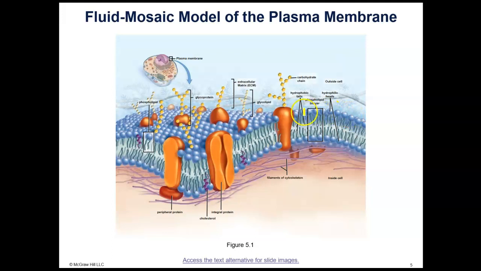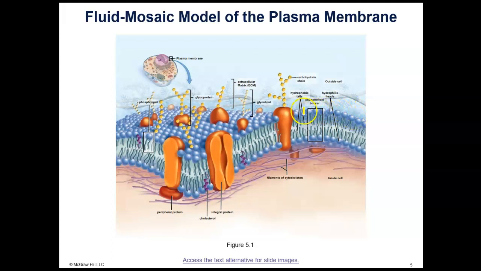The hydrophilic heads are actually the phosphate part of the phospholipid. The hydrophilic heads contain a phosphate group and a glycerol. The tails are fatty acids. So phospholipids are composed of a phosphate group and a glycerol that forms the hydrophilic heads.